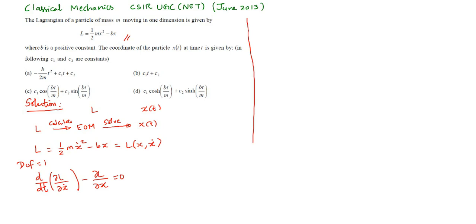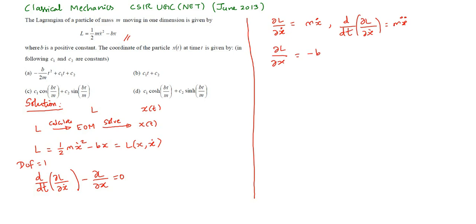So let us now calculate this. What is partial L by partial x dot? That is equal to m x dot. Therefore d by dt of partial L by partial x dot is equal to m x double dot. Now partial L by partial x is equal to minus b.